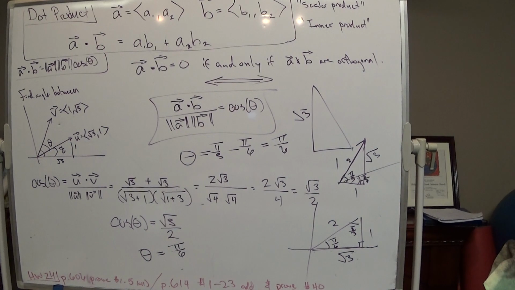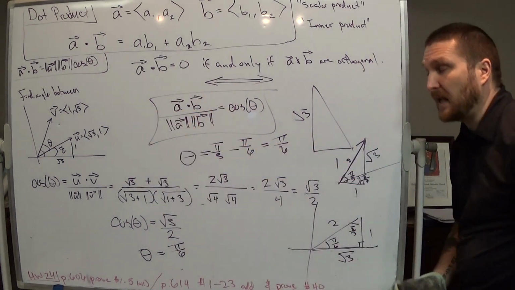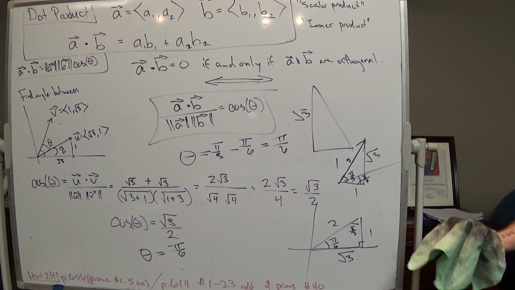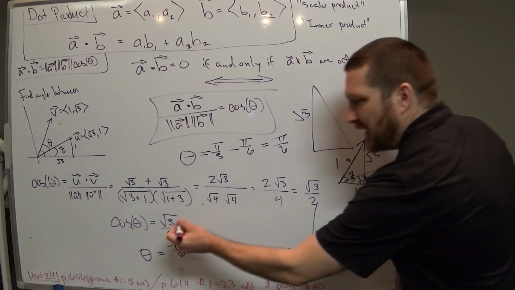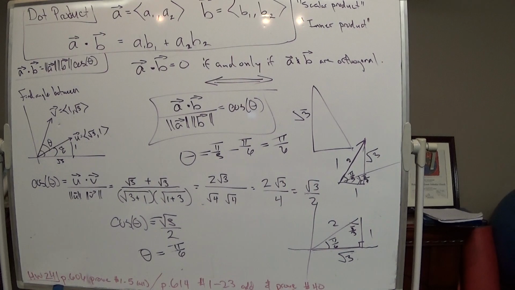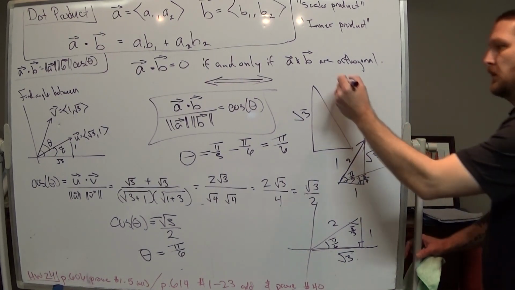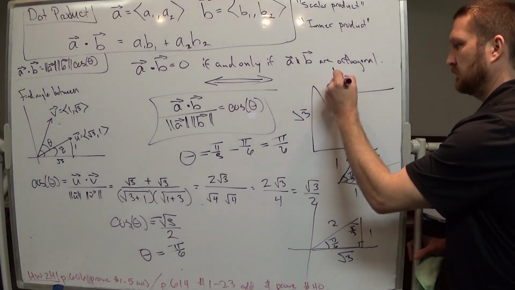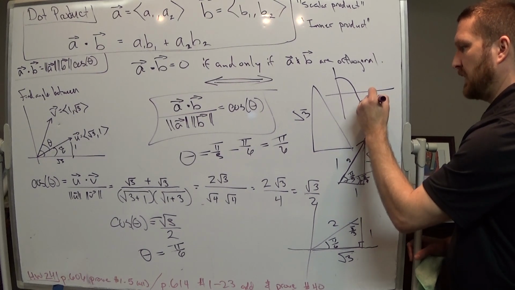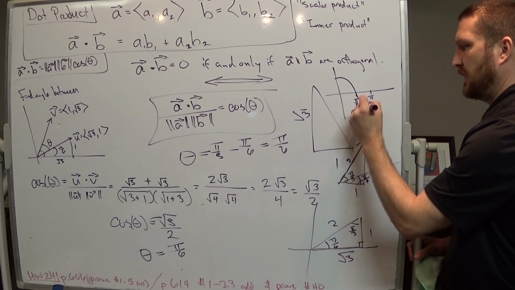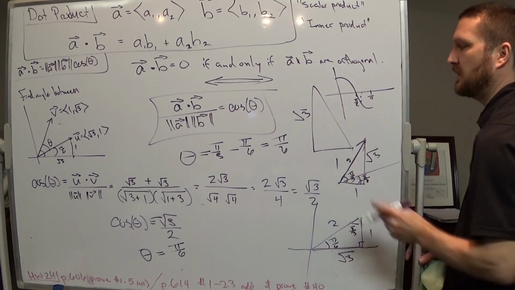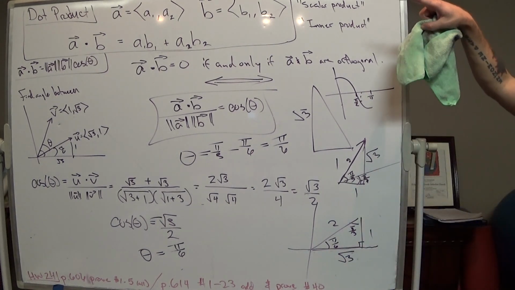The only thing that might be tricky is if it turns out to be a negative number. If a dot b turns out to be negative, then you have to think, wait a second. If it came out to be negative root 3 over 2, you'd say, hold on, cosine. There's pi over 2. Negative root 3 over 2 would be here in the second quadrant.